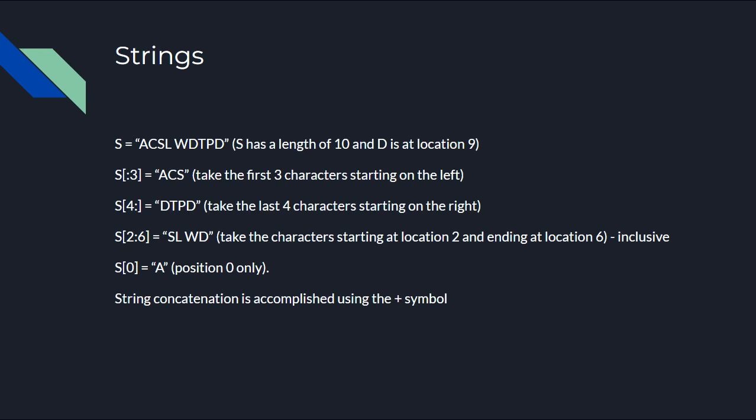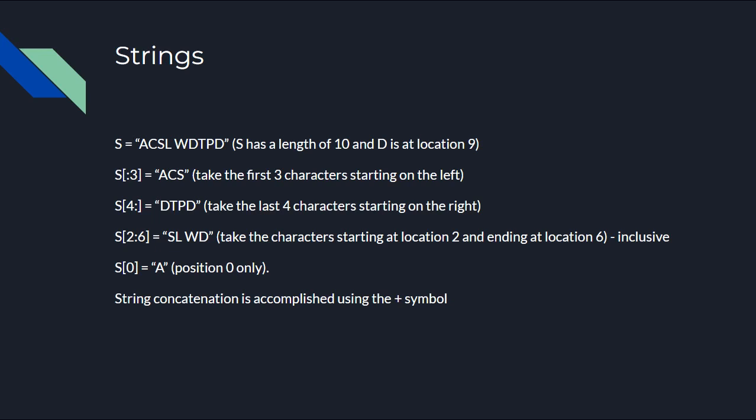And in S4 colon, it would take the last 4 characters starting on the right. If you use a colon in between two numbers, so like S2 colon 6, it would be inclusive, which means it would take the third character, because 2 would be the third character, and the 7th character, because 6 would represent the 7th character, and it would take all the characters in between.